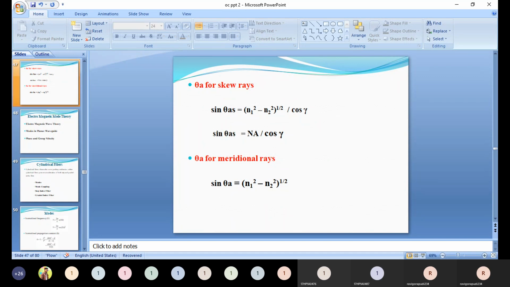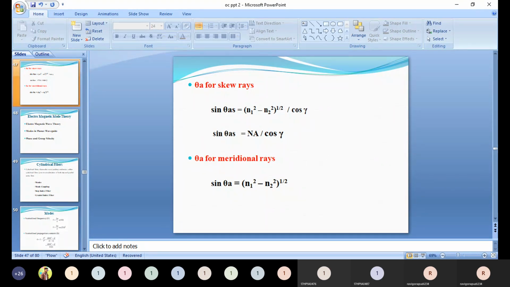Compare this value for skew rays that change direction within the core by 100 degrees at each reflection.